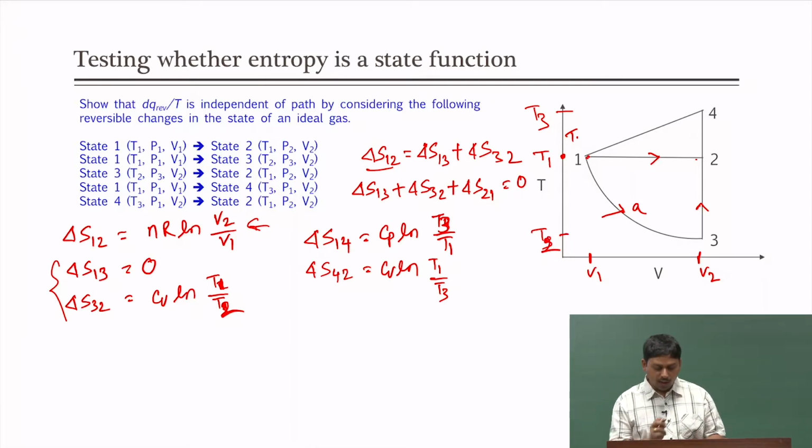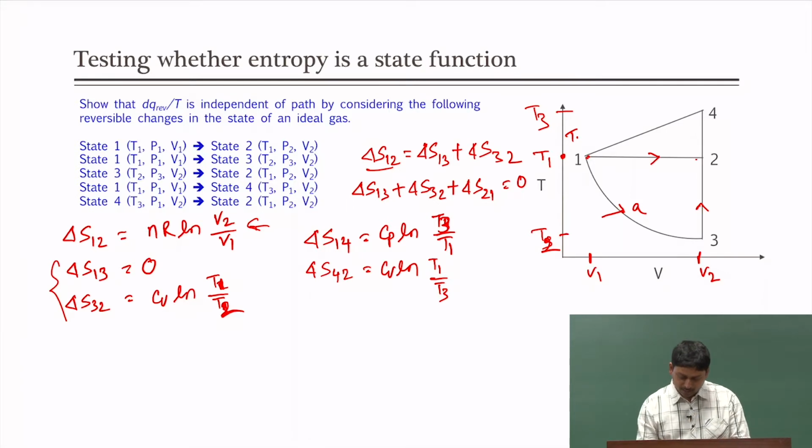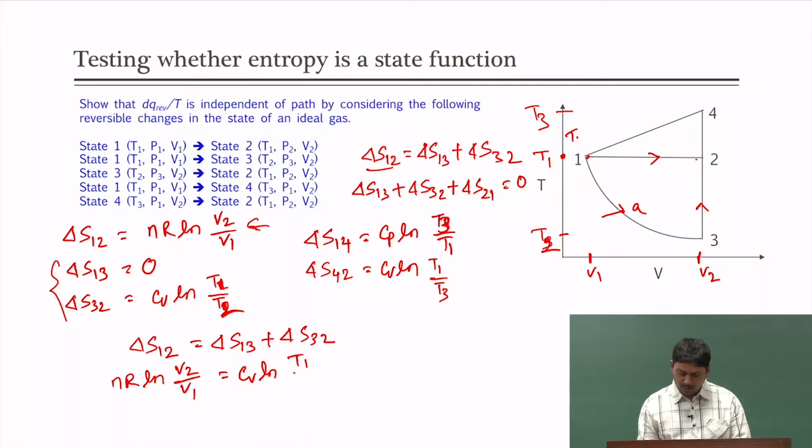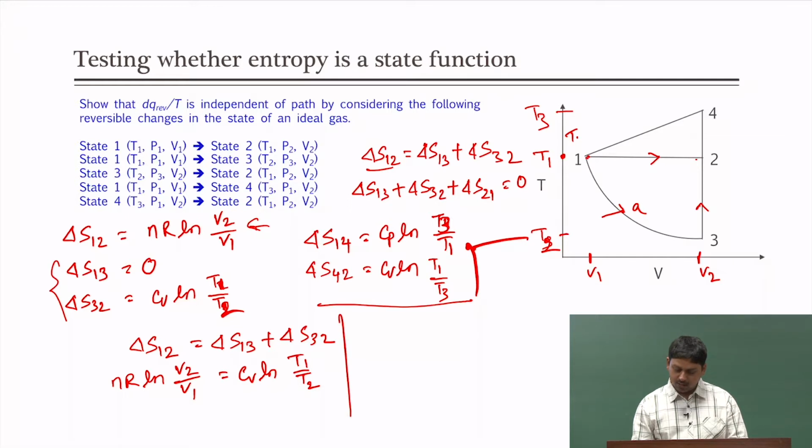Now we will have to show that delta S12 is equal to delta S13 plus delta S32, which essentially means we have to show that NR ln V2 by V1 is Cv ln T1 by T2. Again for that we are going to use the relation for the adiabatic process 1 and 3.